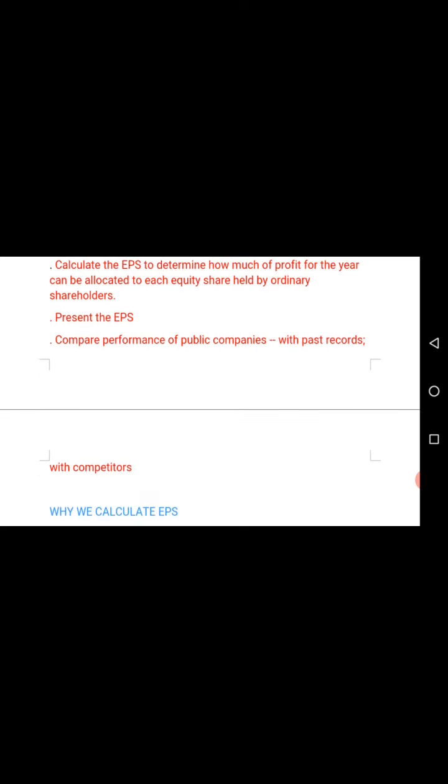Then the second is with competitors. So you could compare with your previous years, 2017 compared with 2016, to check the growth or decline. And also you can compare with competitors in your industry or similar or related industries. So we have both of them there.